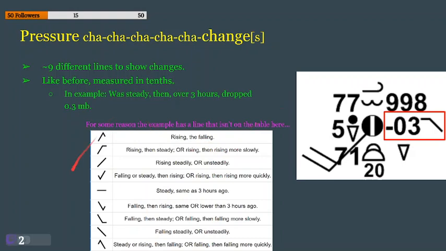And you have your graph here indicating all of the lines. However, if you notice here, the one in the example isn't on the table, and I don't know why that is.